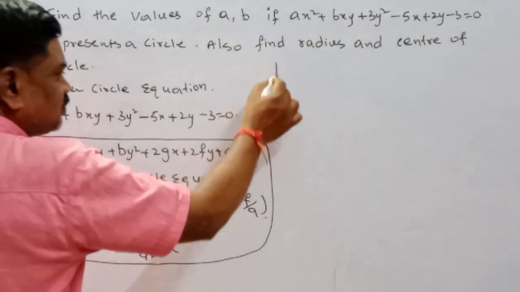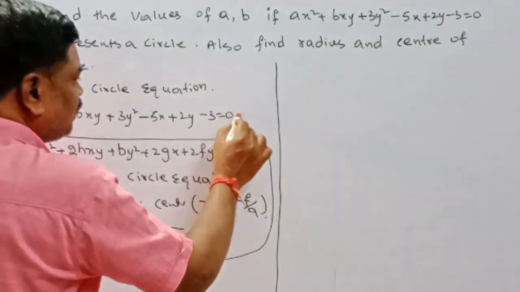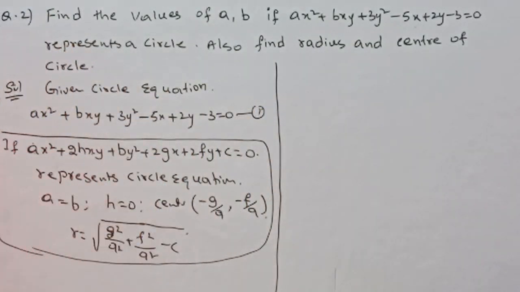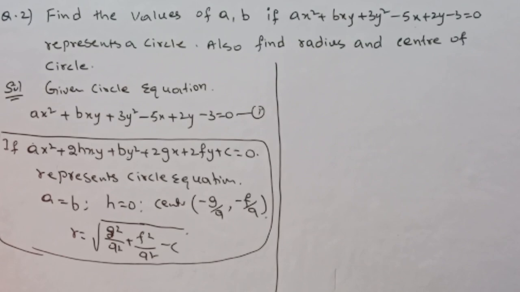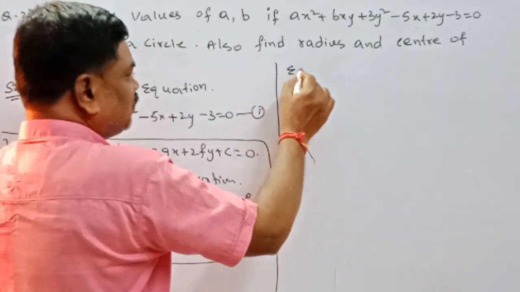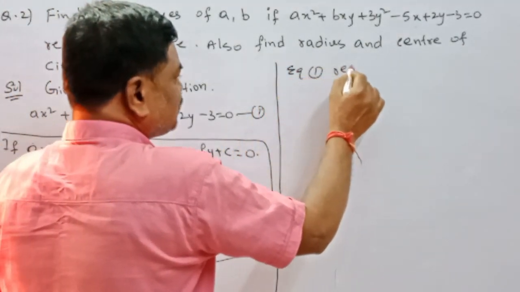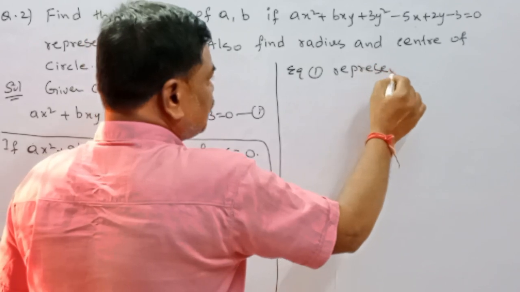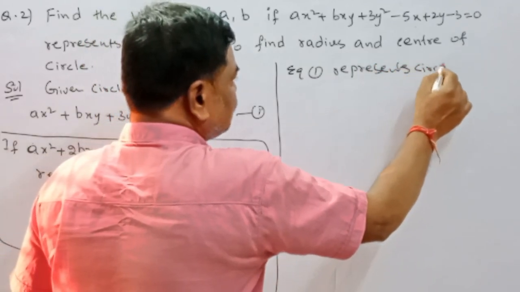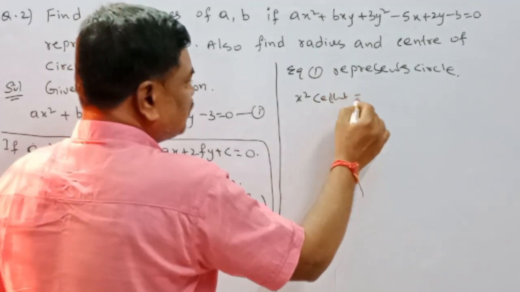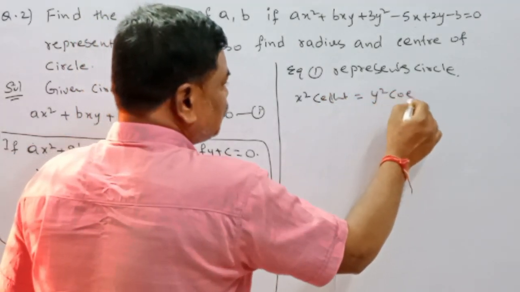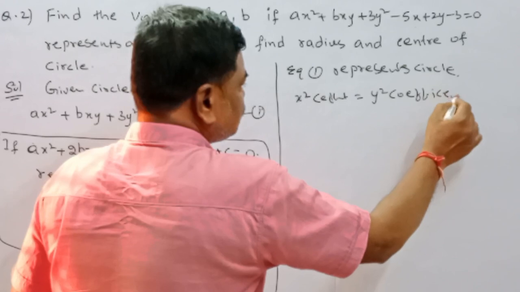Okay, all of you. So take this equation 1. What is the condition? The x square coefficient is equal to the y square coefficient. If equation 1 represents a circle, then the x square coefficient is equal to the y square coefficient.